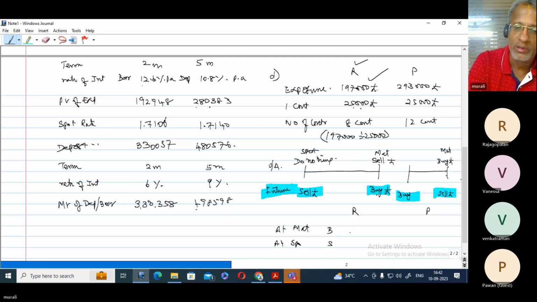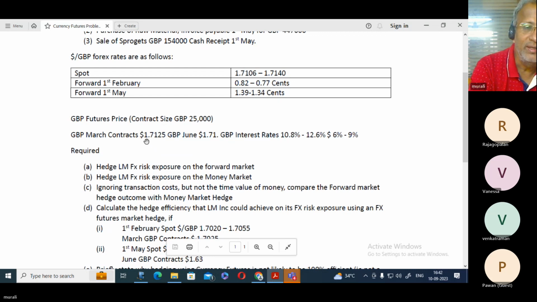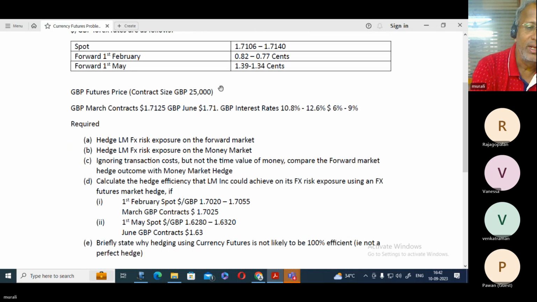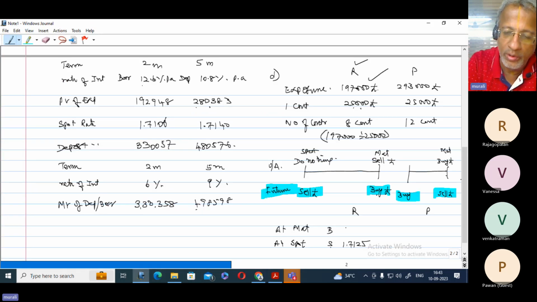At spot, I have sold at 1.7125, which is there on 1st of December. Now coming to the date of maturity, 1st of February, March contracts are dealt at 1.7025. Are you clear about this? First and foremost, you should be very clear about this.